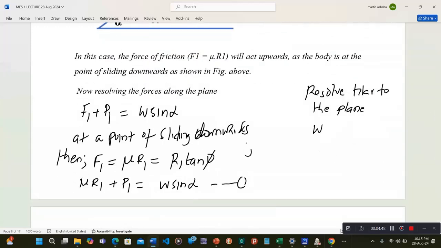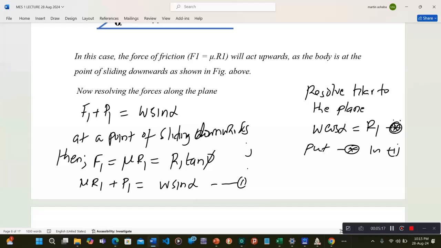So W cos alpha must equal R1. Let me call this star. So I put star in equation 1.